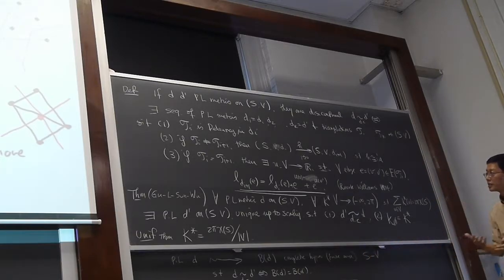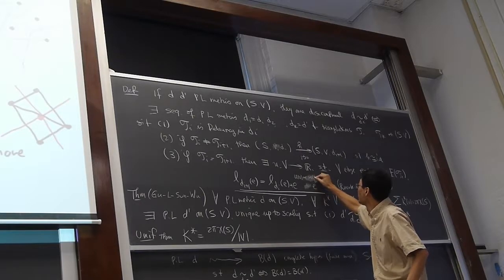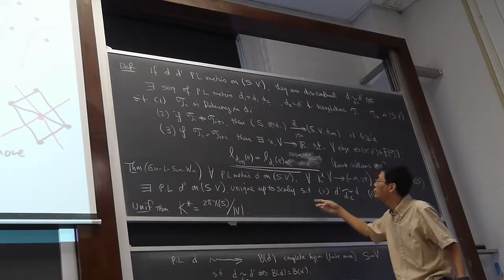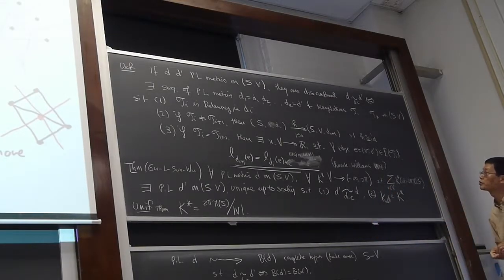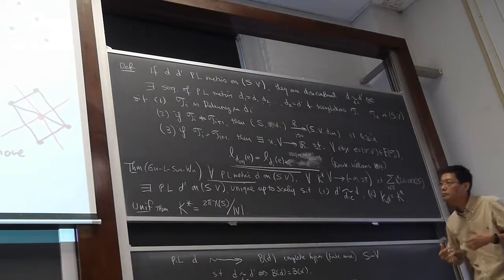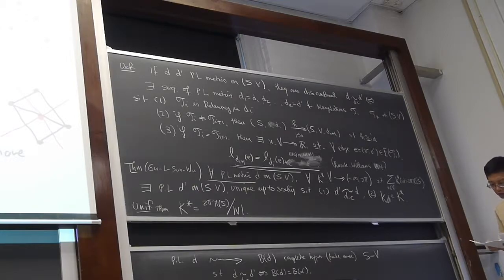And we know that there is a discrete version of uniformization, the circle packing case. And so this is also another version of it. The advantage of this result is that it works for all polyhedral metrics, and the circle packing works in some sense for the special circle packing metrics.